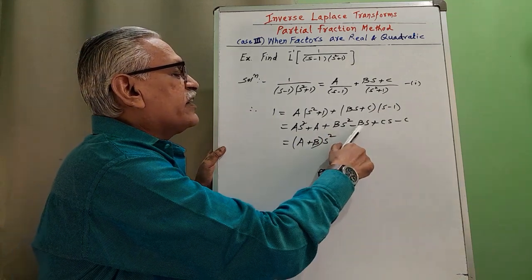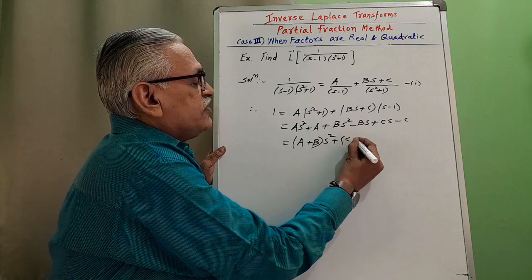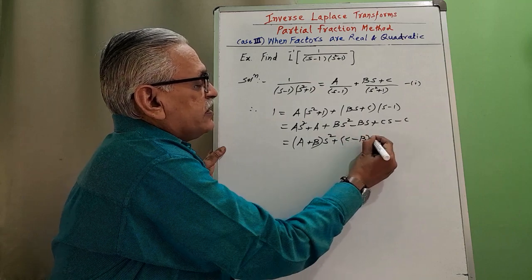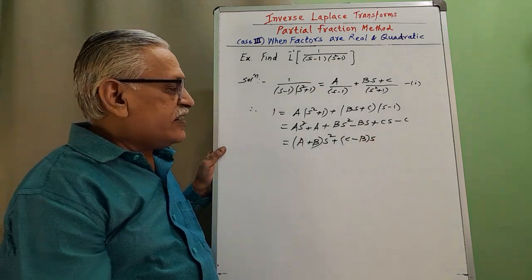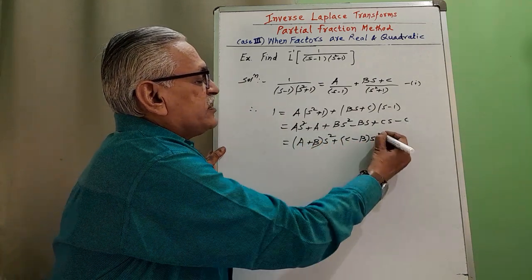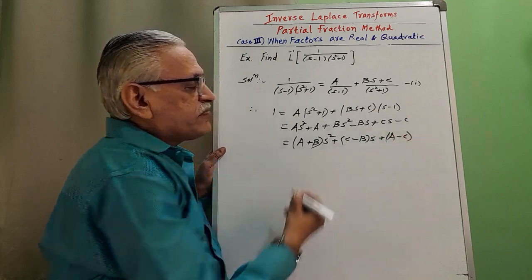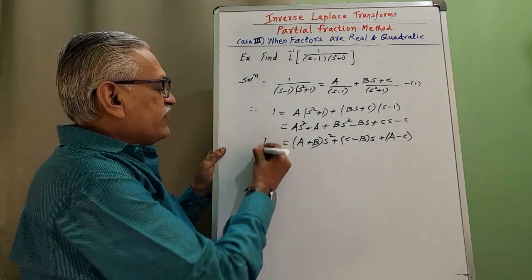Then collecting the terms of s, there are two terms, therefore (C minus B) into s, and then the constant terms are A and C, therefore plus (A minus C), and equals 1.